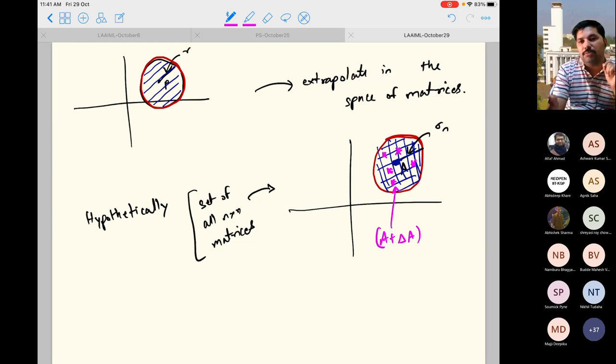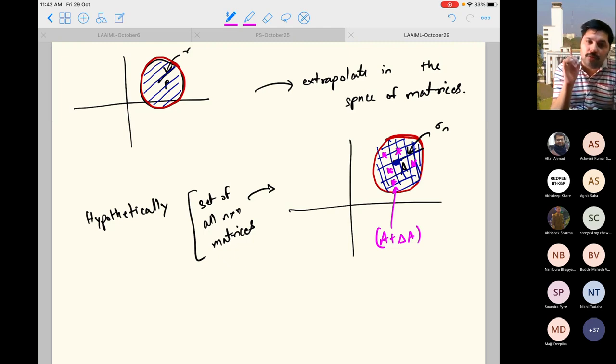So now you understand this particular thing. If the circle around this matrix A, of radius sigma n, is really very small, that means the smallest singular value of the matrix is really very small. That means a small perturbation to matrix A may bring you to the boundary.